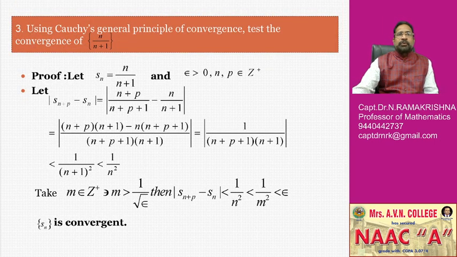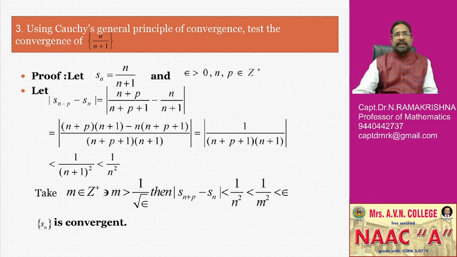Next, using Cauchy's general principle of convergence, you can test the convergence of the sequence n by n plus 1. Let Sn be equal to n by n plus 1. So take epsilon positive, and n and p two positive integers. Modulus of Sn plus p minus Sn.